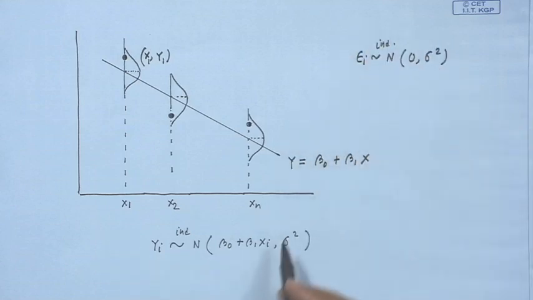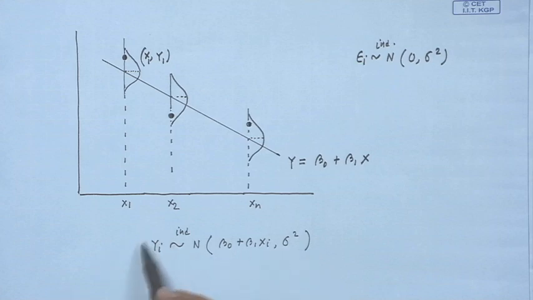Assuming this means you are assuming that the response variable follows a normal distribution and the ith observation is coming from the normal distribution with mean beta naught plus beta 1 x I and constant variance sigma square.